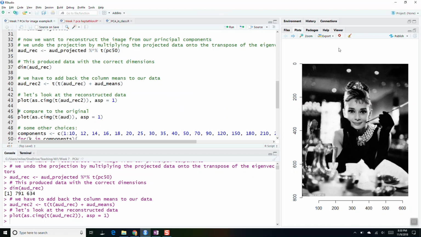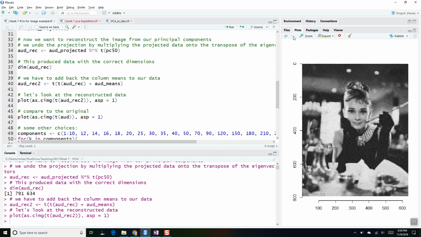This is the original image, with the original 791 by 634 pixels. If we compress it down to just 50 components, we get something that is not as sharp and clear. We've lost some information, but it maintains the structure that was present in the original data.